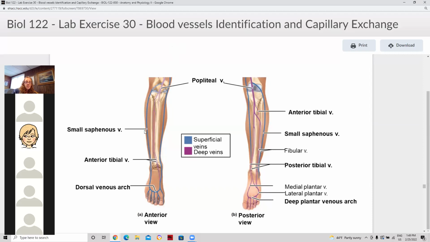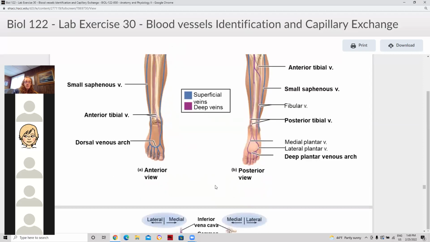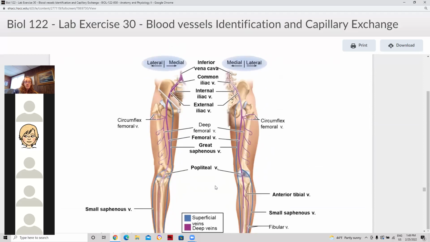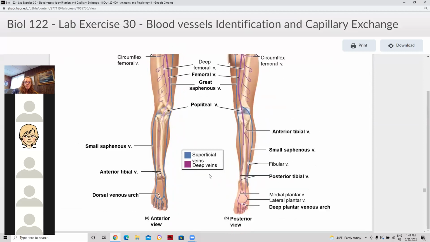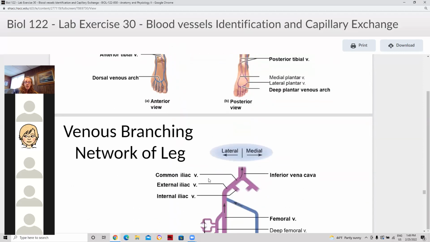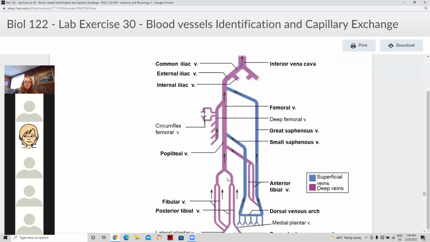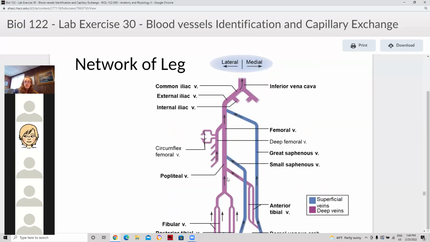The small saphenous vein, the anterior tibial vein, and the posterior tibial vein, and the fibular vein. Overview. Showing how the blood is moving back.